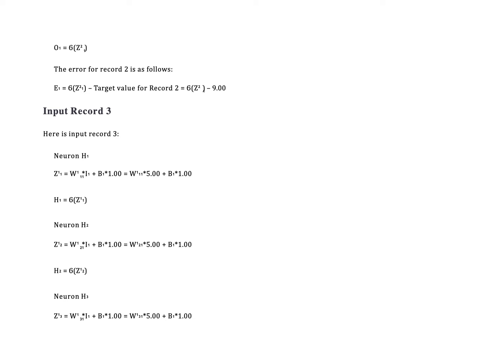Input record 3, neuron H1: Z11 equals W111 asterisk I1 plus B1 asterisk 1.00, equals W111 asterisk 5.00 plus B1 asterisk 1.00. H1 equals Z11. Neuron H2: Z12 equals W121 asterisk 5.00 plus B1 asterisk 1.00. H2 equals Z12.